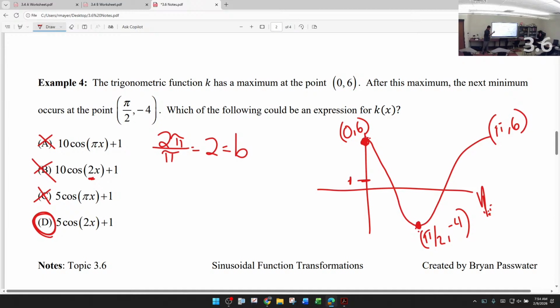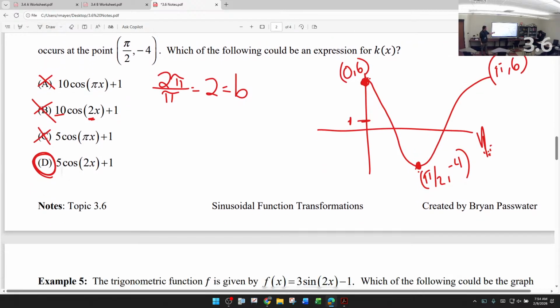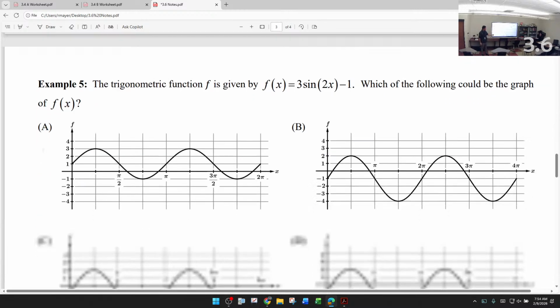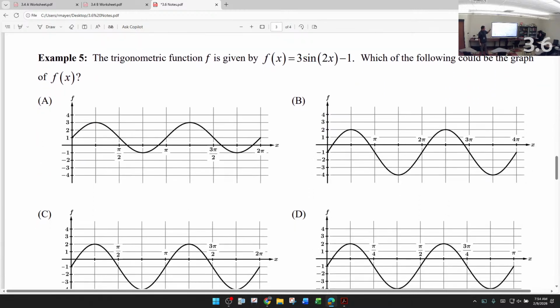This is the distance from the max to the min, which is twice the amplitude. Everybody okay? Beautiful. Now we got the function, we got to match the graph. So we have sine.